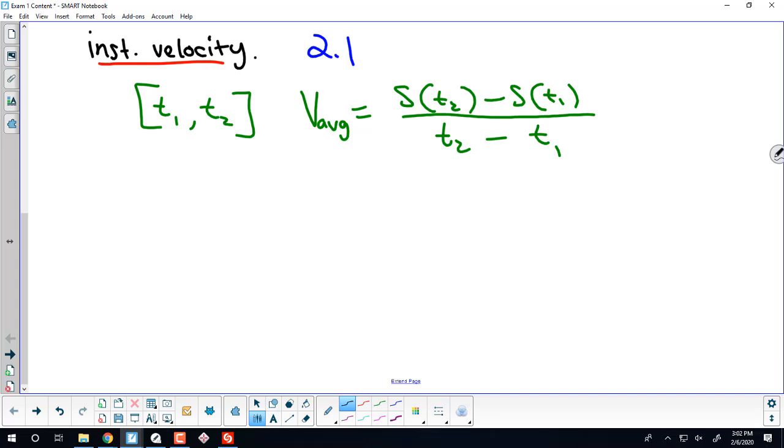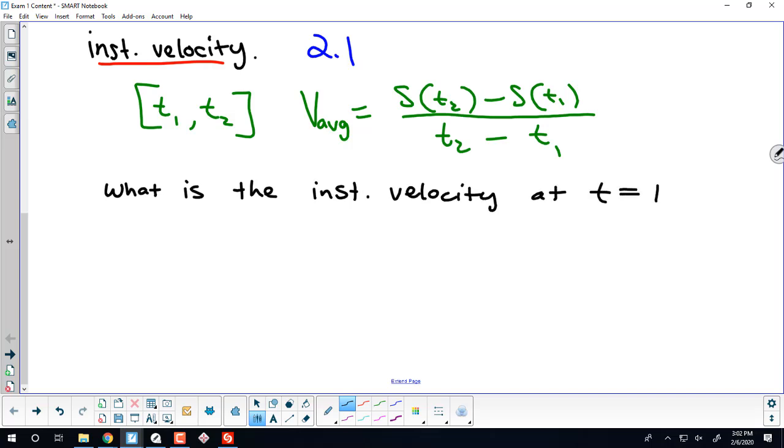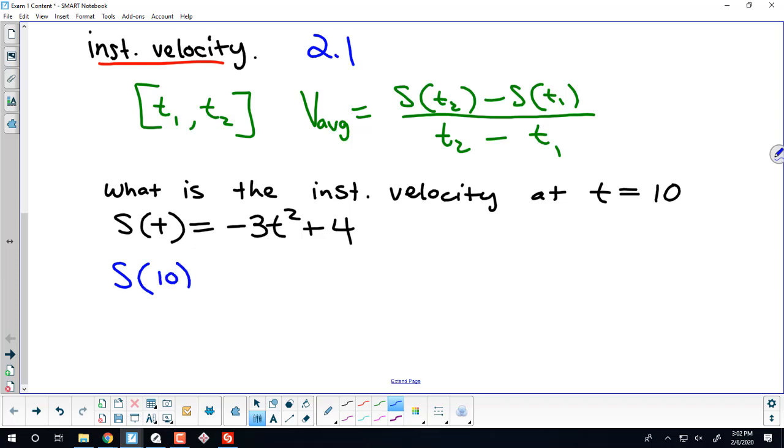A lot of times, if I ask, based on your slopes here, what is the instantaneous velocity at t equal to 10 or whatever it is, people, because the function is actually given to you, say it's negative 3t squared plus 4, just want to take that t value and plug it into the position function.